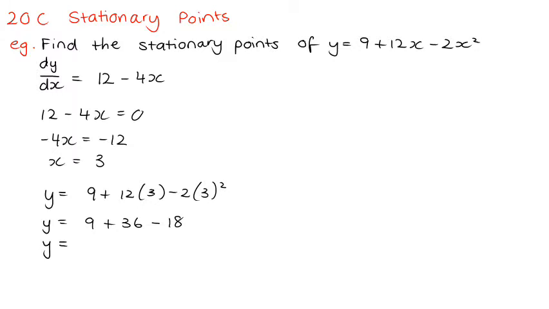So 9 and 36 make 45. Take away 18. You got 27. So the stationary point on that graph is 3, 27. How might you also find that a different way?